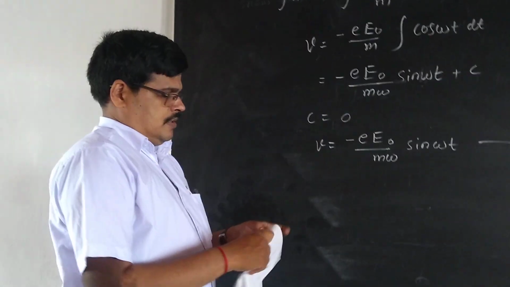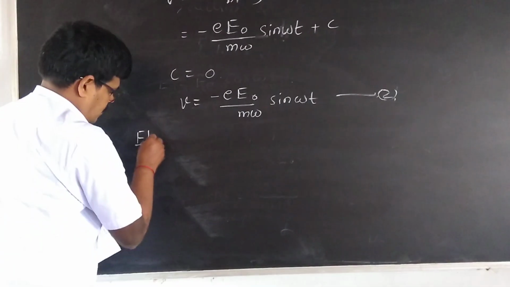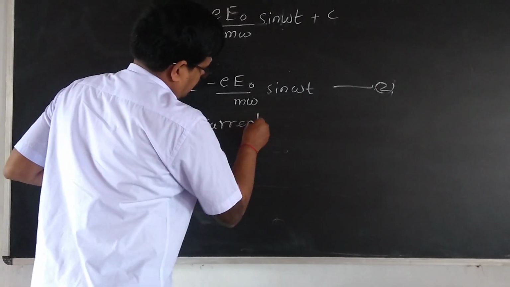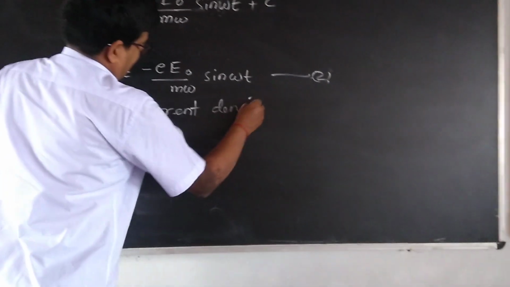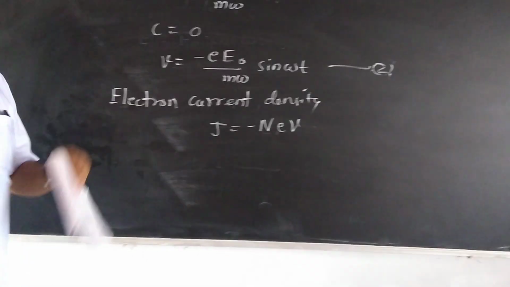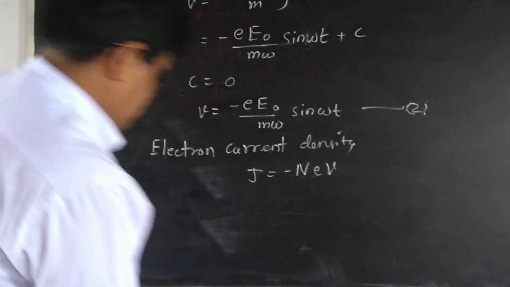Then the electronic current density J is equal to minus NeV. This formula, I think, came in the first or second PUC itself.